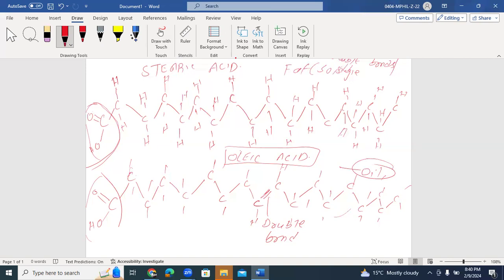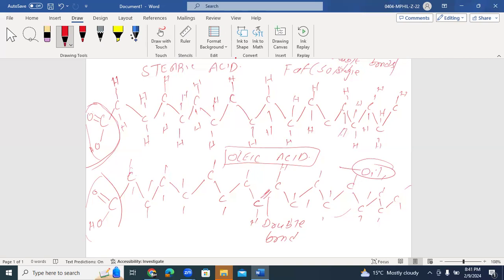So what have we concluded here? I have told you the objective of this topic: why we have studied the structure of stearic acid and oleic acid. Both are not complex. You just need to understand there are 18 carbons. The first carbon is actually the carboxylic group that contains one double-bonded oxygen and one hydroxyl group, and all the others have hydrogen atoms.